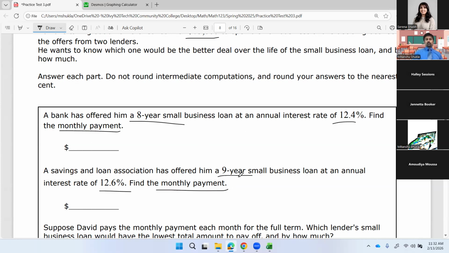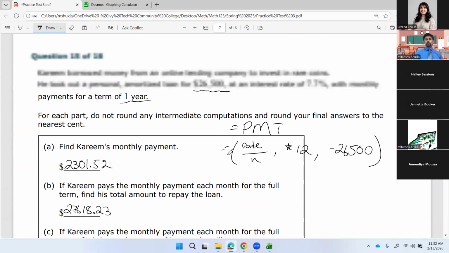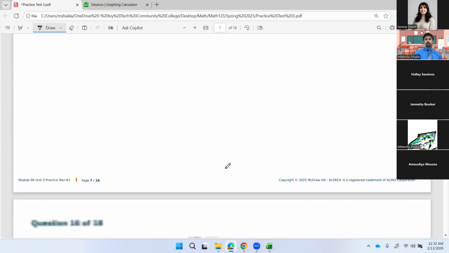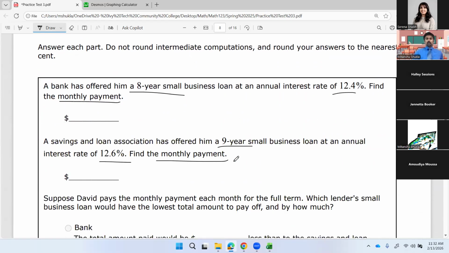So we're still going to use our PMT function, which we've already used before. Right? So equals PMT, our interest as a decimal, 0.124 divided by 12, comma, it's for 8 years.